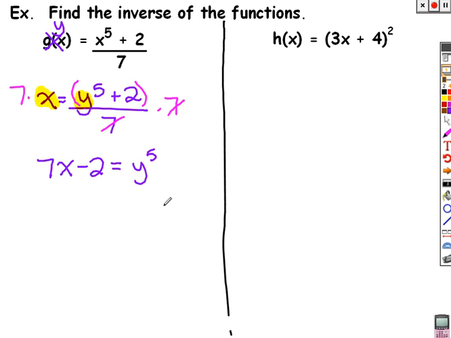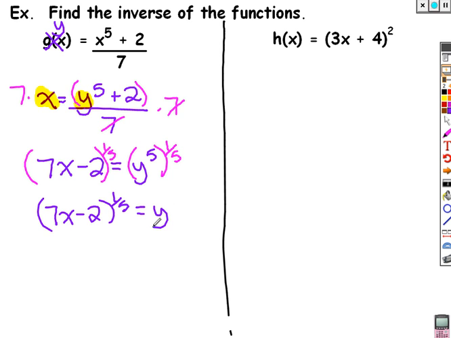Well, I take the 5th root, or you could raise each side to the 1/5 power. So from here, either the 5th root or raise each side to the 1/5 power. And you'd end up at something that looks like this.